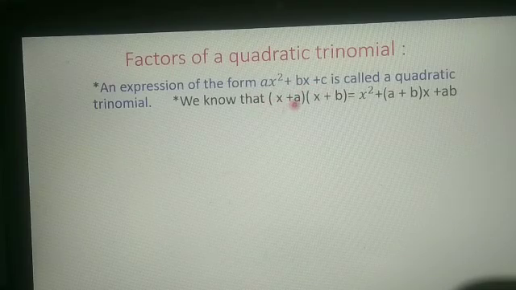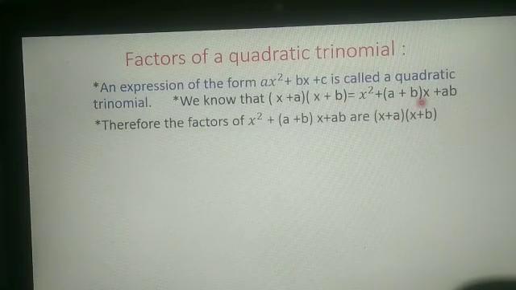We know that x plus a and x plus b is equal to what? In the last chapter we have studied this formula, x square plus a plus b into x plus ab. Therefore, factors of x square plus a plus b into x plus ab will be x plus a and x plus b.